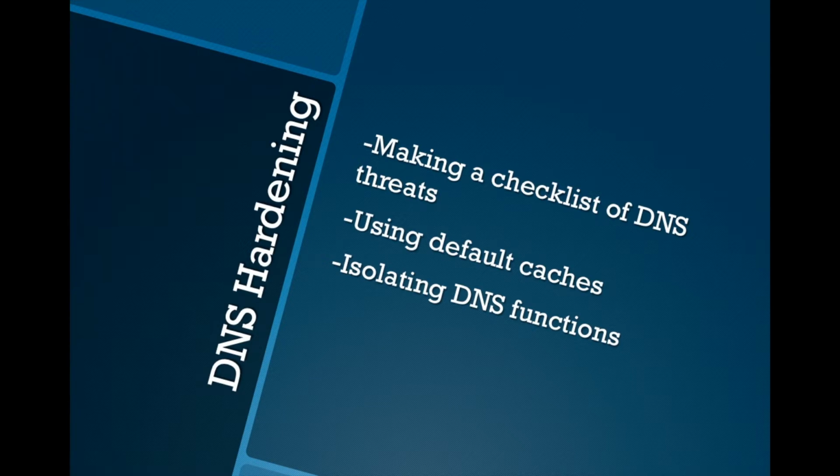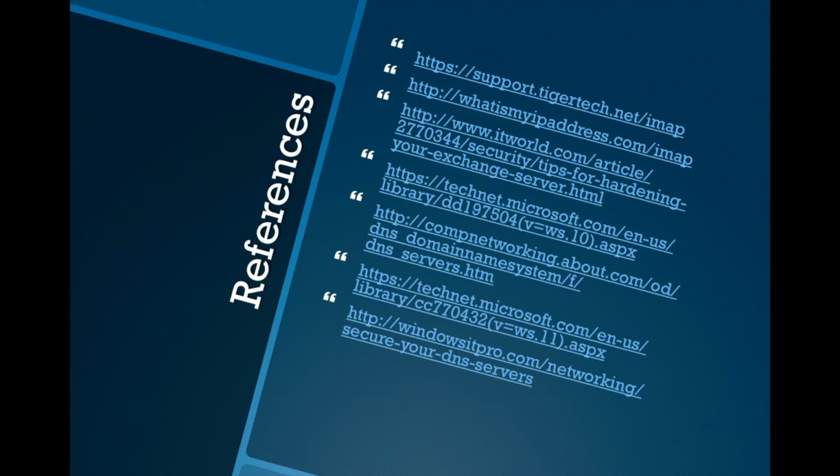So if you use the default caches, make sure they're on and not off, and you don't want different ones on that you do not know, because one of the most common methods for DNS tampering is cache poisoning, in which the attacker injects fake records into the DNS server's cache, and it automatically modifies the DNS records. It can use forged packets, and it can cause all kinds of man-in-the-middle attacks to your DNS server, which is not good at all. So just make sure you're using default caches.